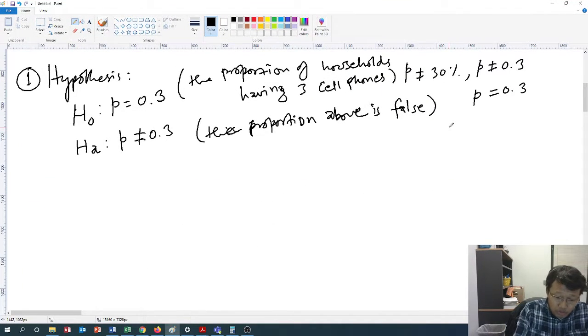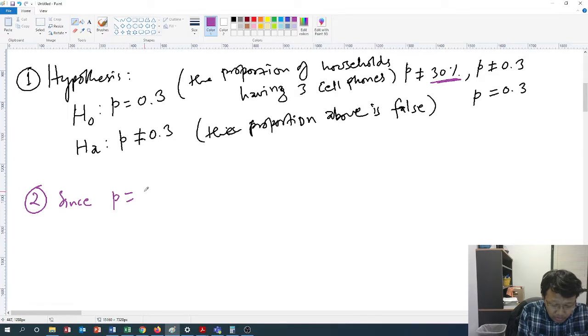Now, number 2, we already know that since this percentage provides us the proportion, we go for P equals 30% or 0.3.